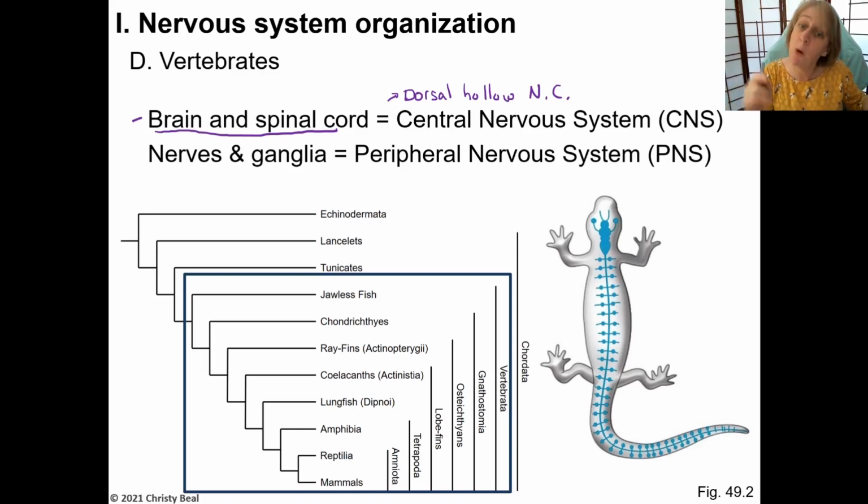So maybe something pokes this newt. This newt sends a signal from its peripheral nervous system to its central nervous system, where it tries to understand that. And then it sends a response back, different nerve, response back that causes its arm to contract and move away from the stimulus.